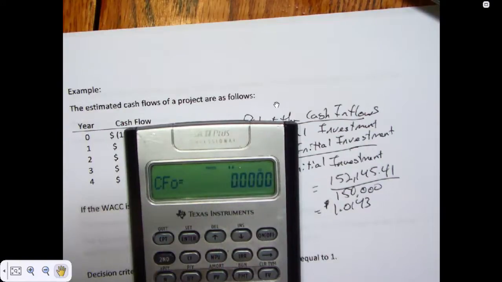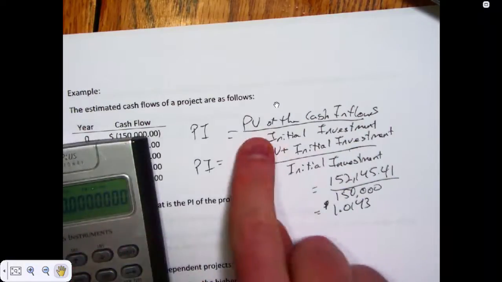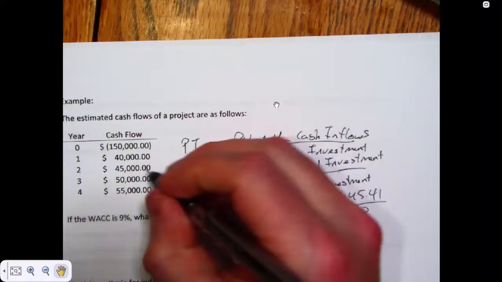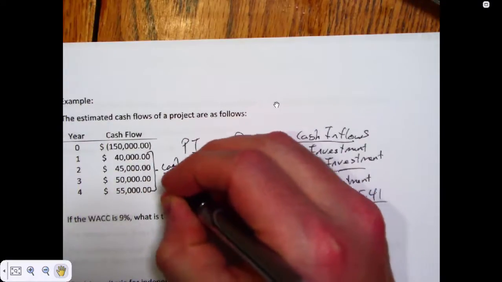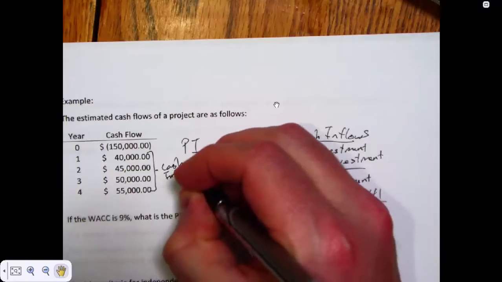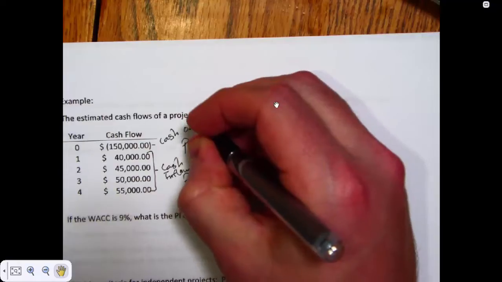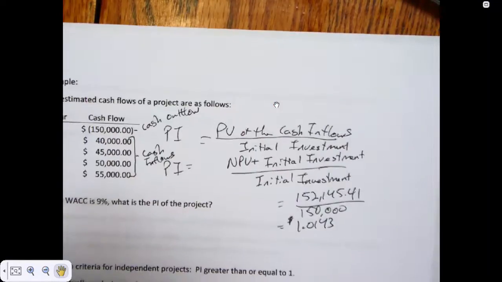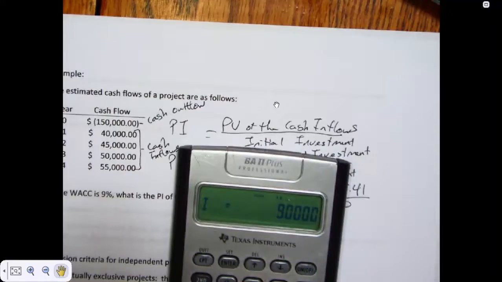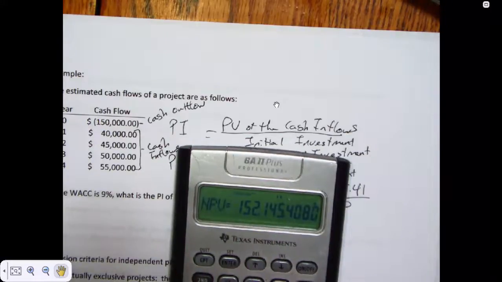So these are my cash inflows. This is my cash outflow. So I press NPV. I took out that initial investment, got my weighted average cost of capital at 9%, and I get the 152,145.41. Then again, I would just divide that by 150,000, and it would give me 1.0143.